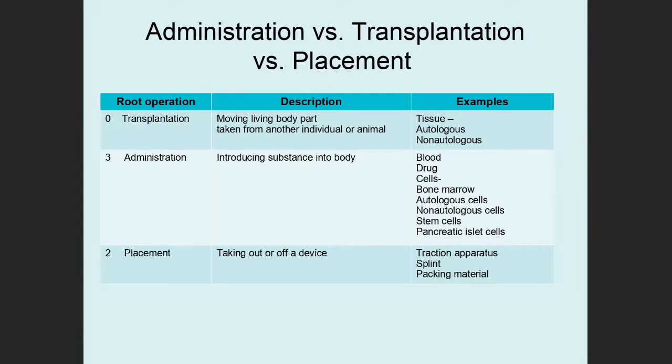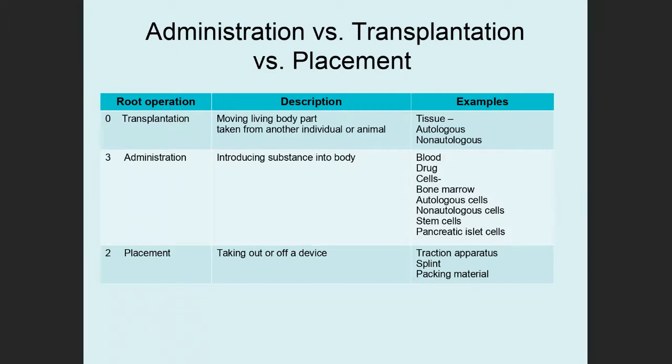So let's compare administration, placement, and transplantation. Transplantation is used in the surgical section. It is used for moving a living body part taken from another individual, not the patient, or animal. And the tissue involved is described as autologous or non-autologous, from the patient or not. Administration is introducing a substance into the body. It could be blood, it could be drugs, it could be cells, as we talked about, bone marrow, stem cells.